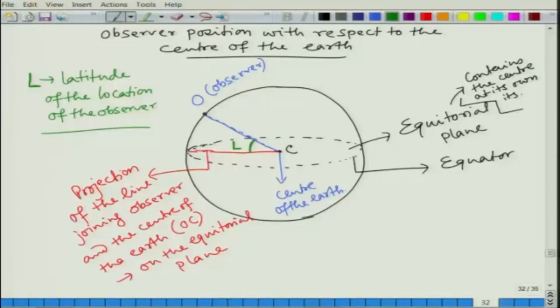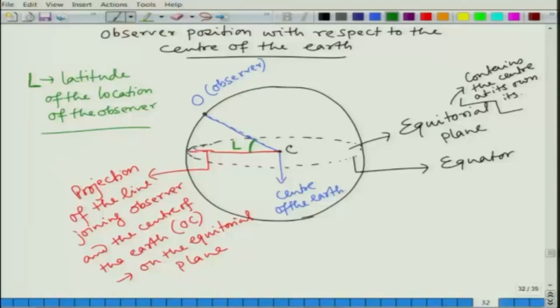Again you know this, right? This is longitude that you need. So, I will use another figure to show you the longitude, because it is difficult to show it here. Okay. So, in this figure we have learned what is latitude, and that gives us one of the metrics for telling you the observer location with respect to the center of the earth.